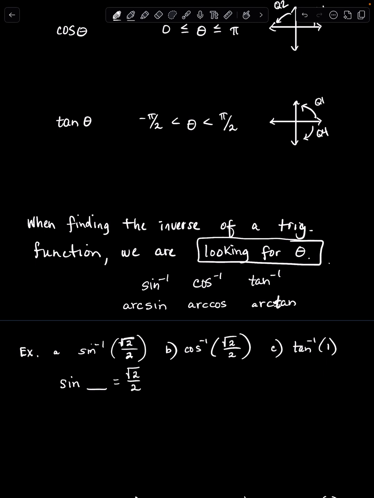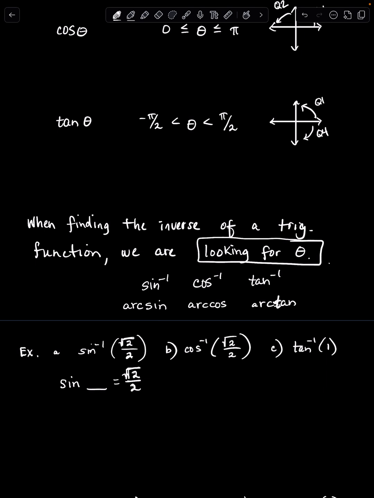Okay, so you need to think about it like this. If I had given you the angle and said the sine of 60 degrees, well, you would go look at your chart and you would see that the sine of 60 degrees equals the square root of 3 over 2. I'm going the other way with it. So I would locate the square root of 2 over 2 on my chart.